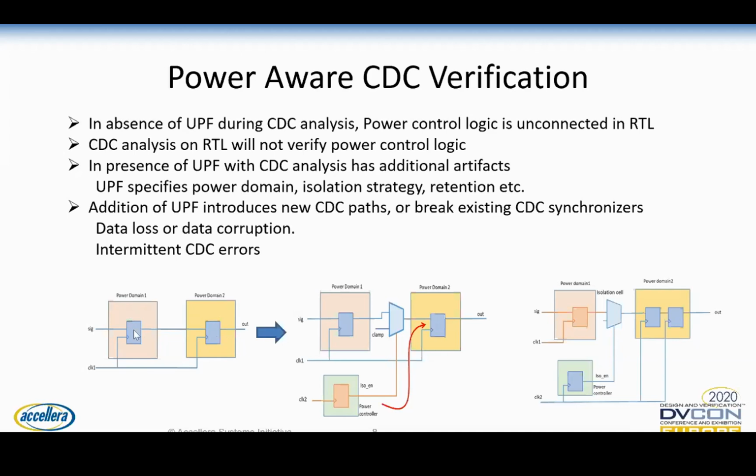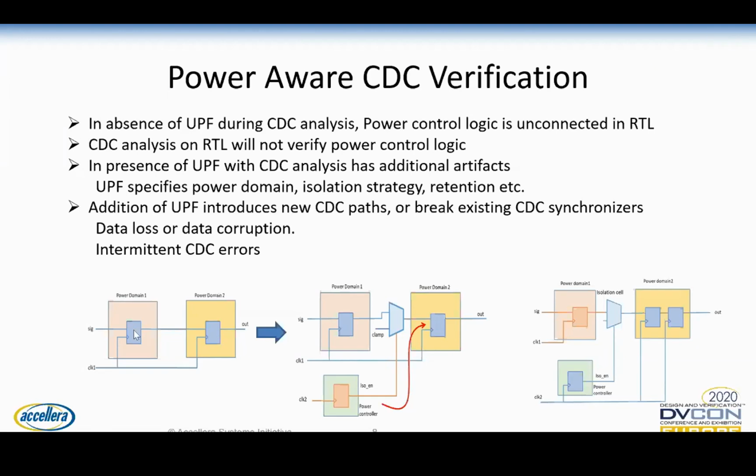However, once the instrumentation happens, the new isolation cell logic gets added, and now there is a new CDC path from the green ISO enable all the way to power domain 2. So this is a new CDC path which was not even visible in the front end RTL.